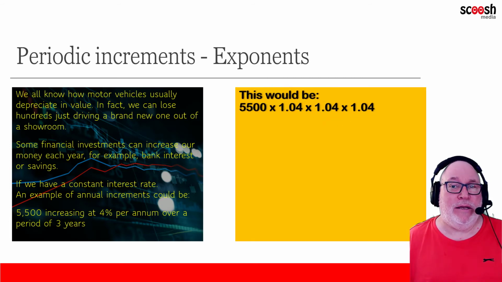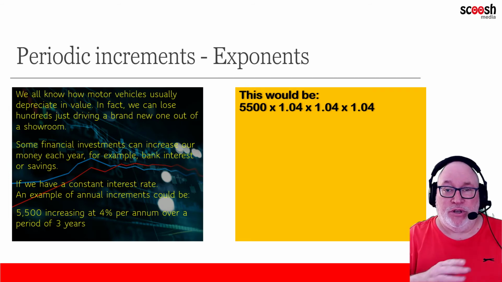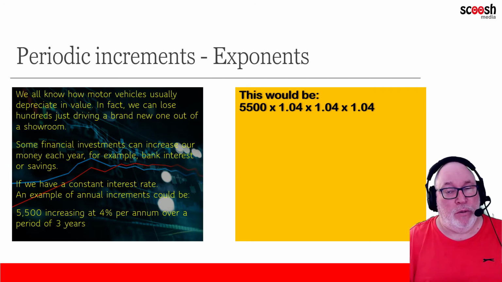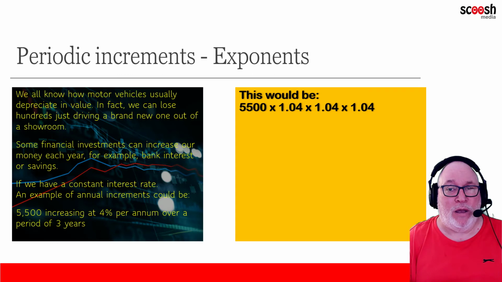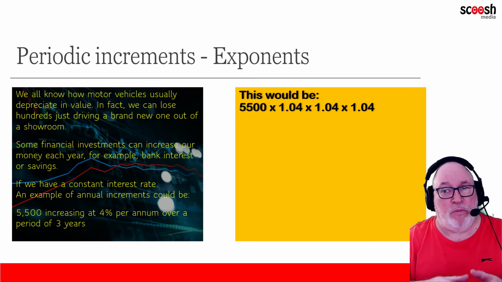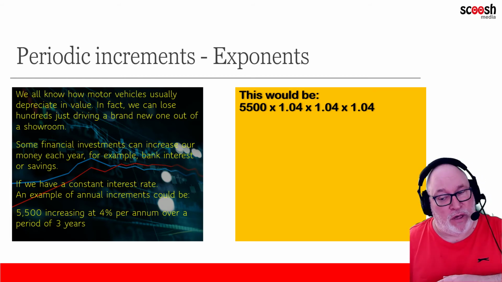You could write it as 5,500 times 1.04, because obviously it's 4%, which is 0.04. The one we've just covered as to why we do that. So that would work out for the first year of 4%, it would give us the new amount. Then you'd multiply that new amount by 1.04 again for the second year, and then the same for the third.